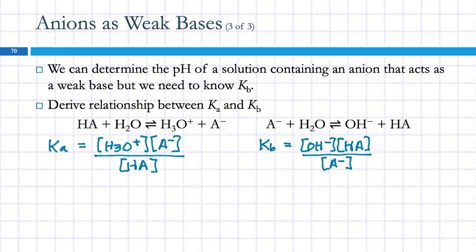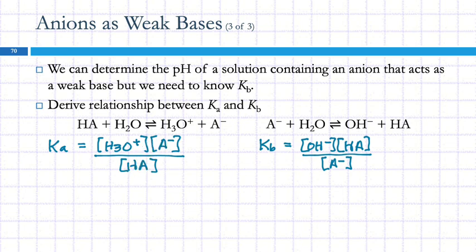Well, how can I put these together? This has A minus and HA. This has A minus and HA. So I'm going to rearrange this to get A minus over HA.